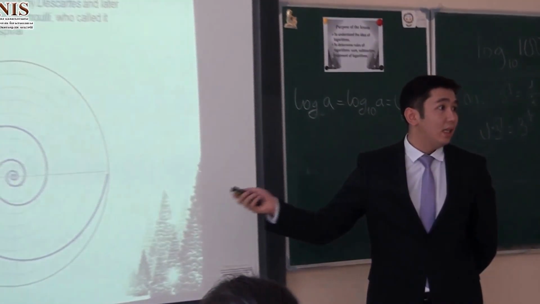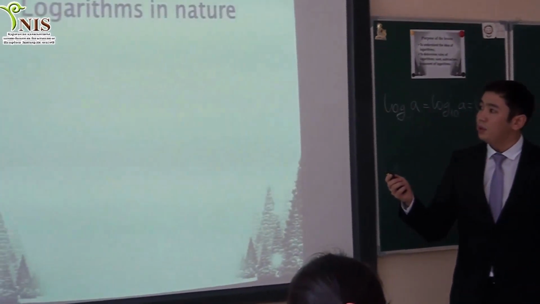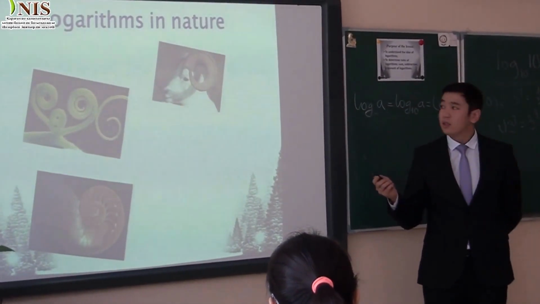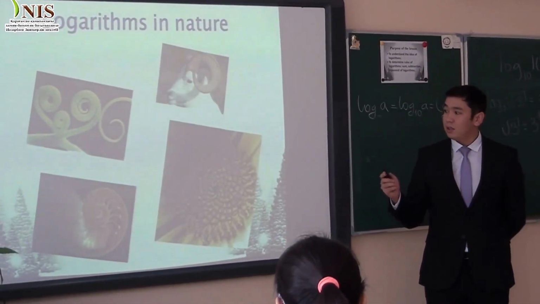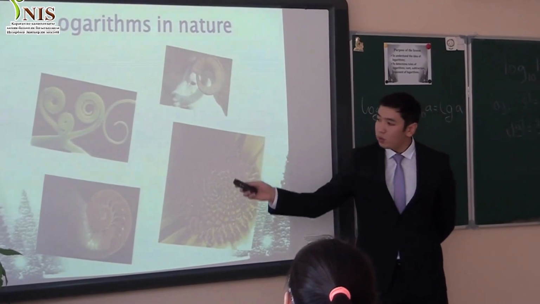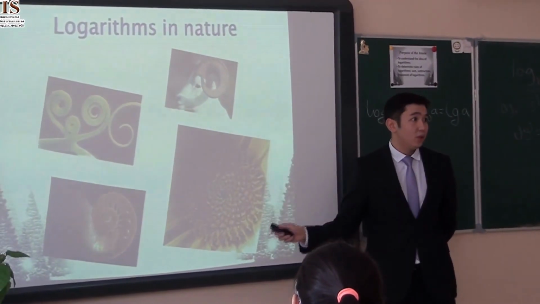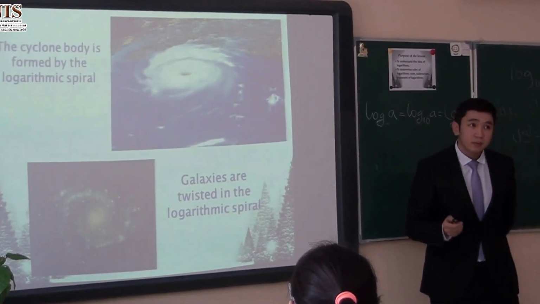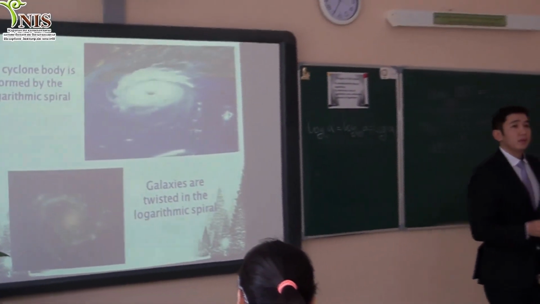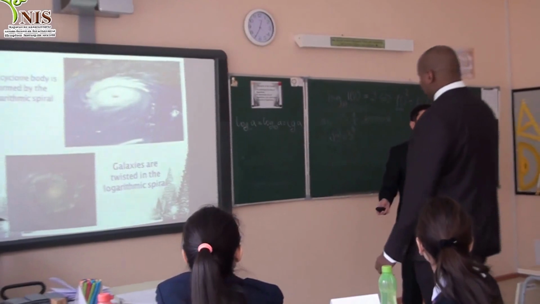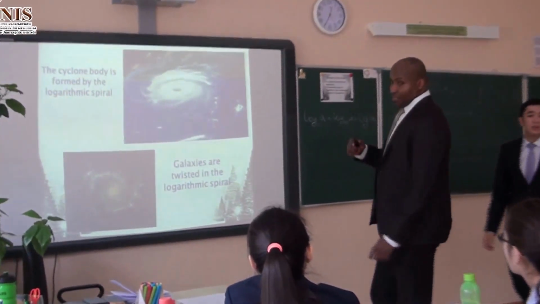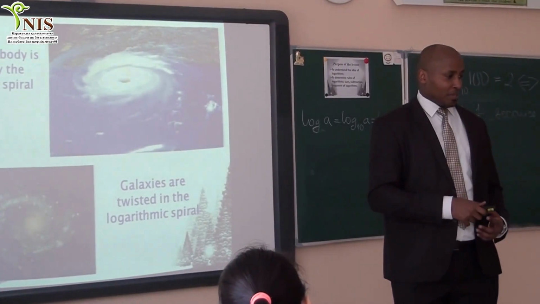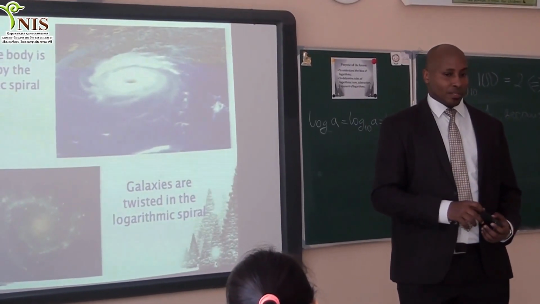It can be seen in nature. For example, you see in the structure of these organisms, the spiral is used. All right, another use of logarithms, we can see that the logarithmic spiral that I just talked about can be seen in cyclones.